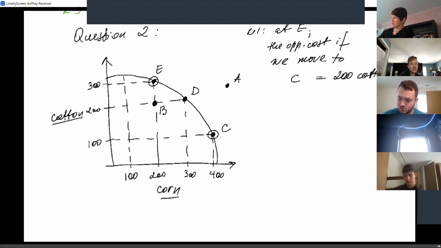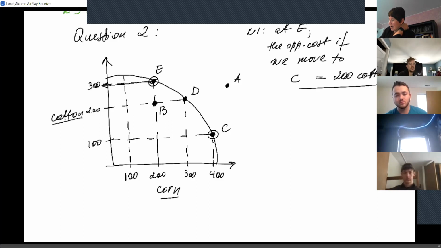How did you get that answer? Or somebody else, if somebody is willing to explain, because I'm sure some students are confused. Well, you go down the curve from 300 to 100. Okay, so point E, very good, comes with 300 units of cotton produced.